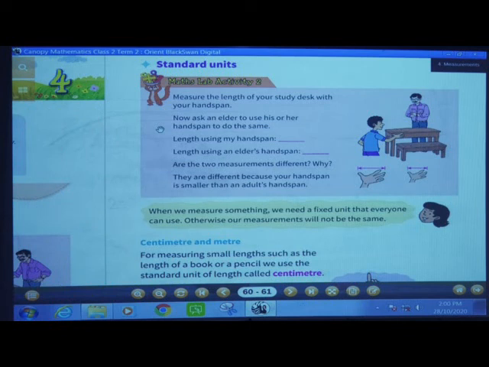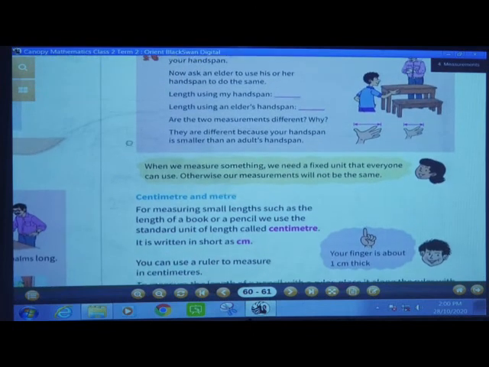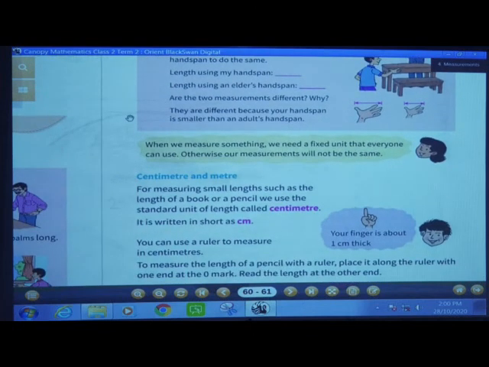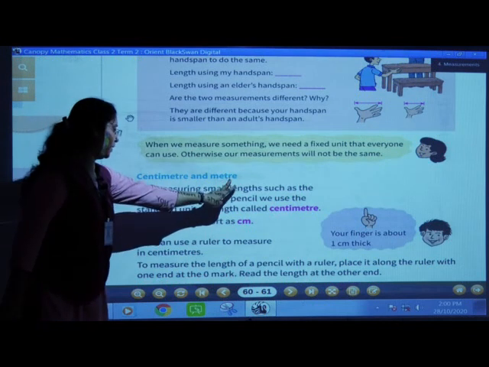Now, which are these standard units? Centimeter and meter.